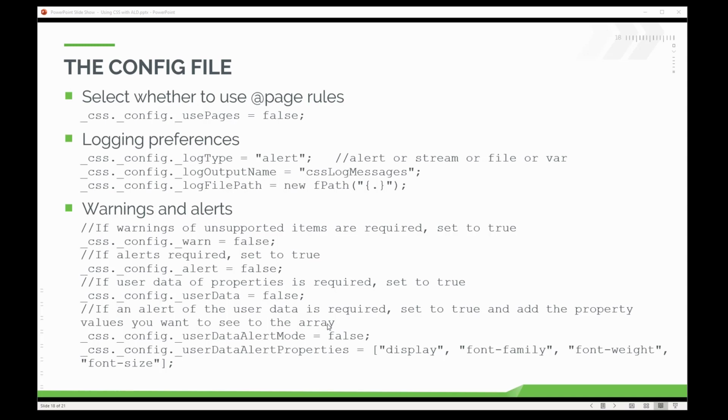There's also a way of using the user data to generate an alert. So you can set the user data alert mode to true, and if you're interested in some particular properties being set, then you can list those properties here in this array. So if you want to be alerted when these values are being set as user data, then you can do that too.